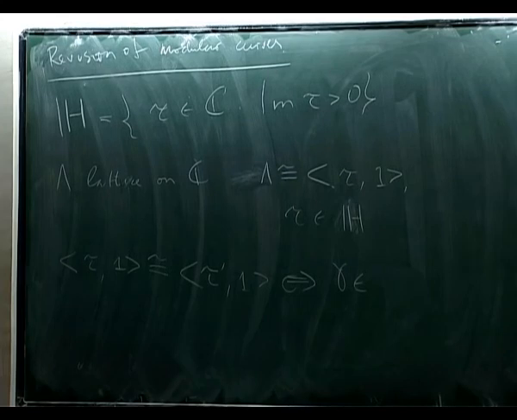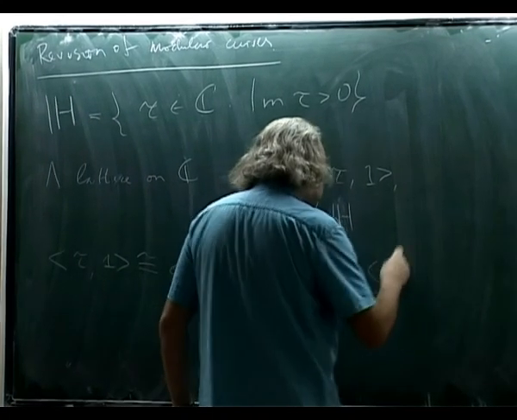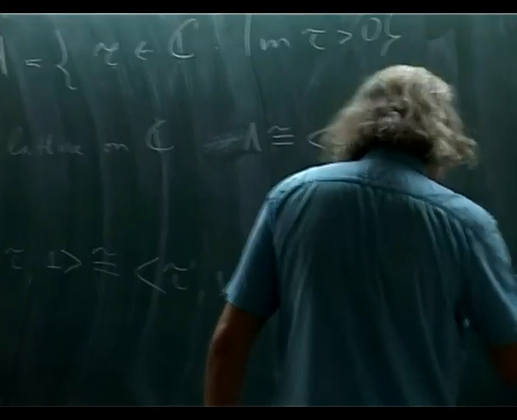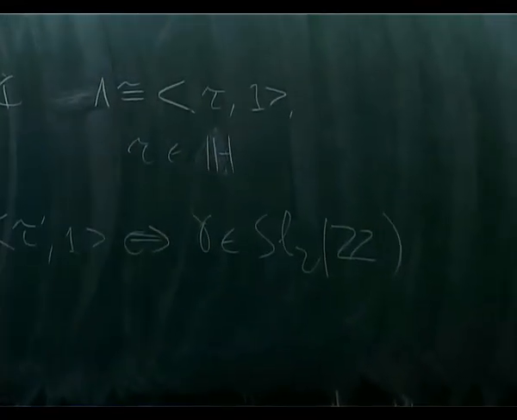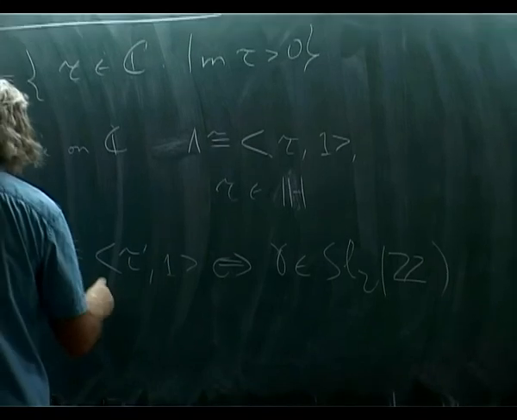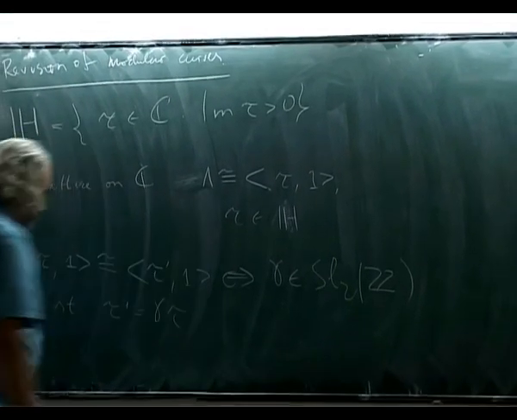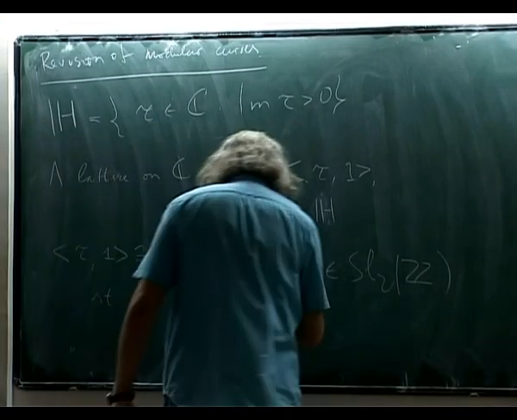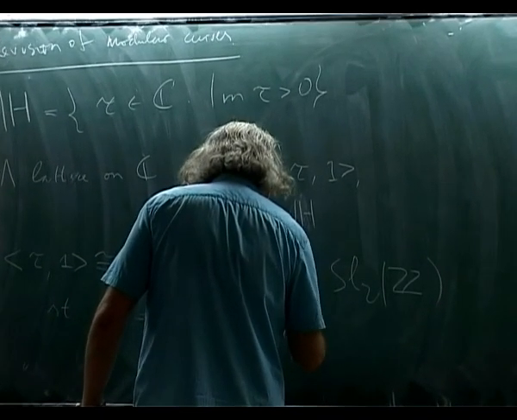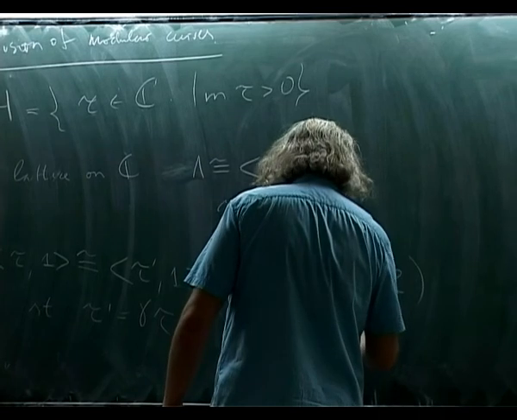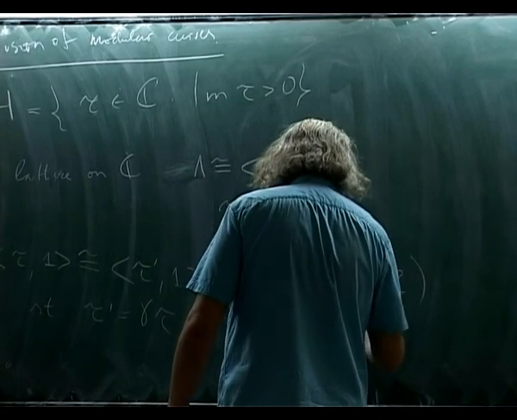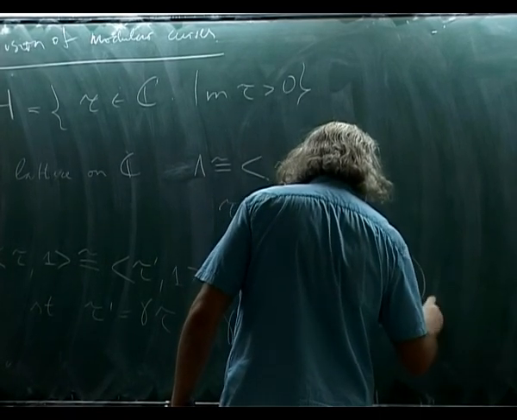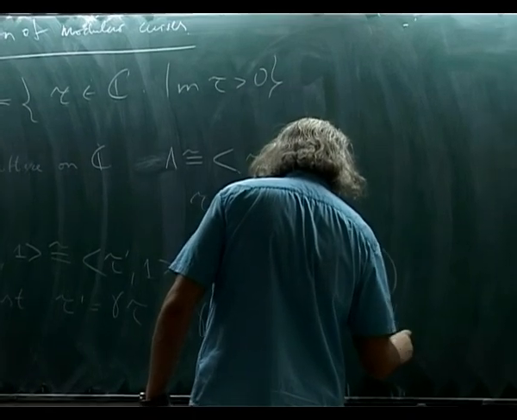So there exists a gamma in SL2(Z) such that tau prime is tau gamma, where gamma is A, B, C, D, and then tau gamma is (A tau plus B) over (C tau plus D).